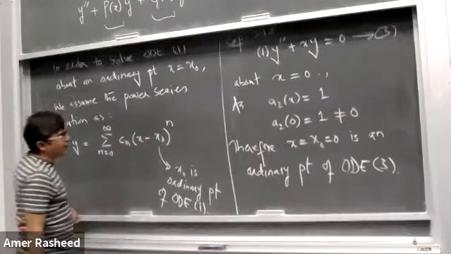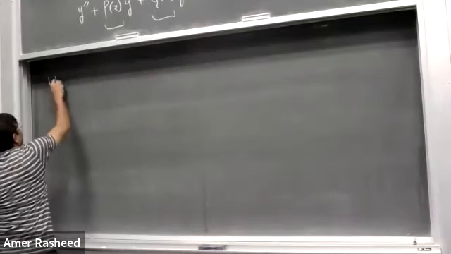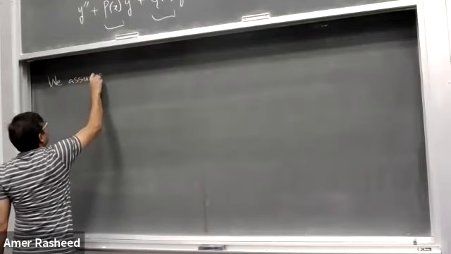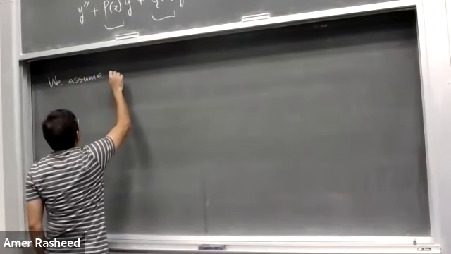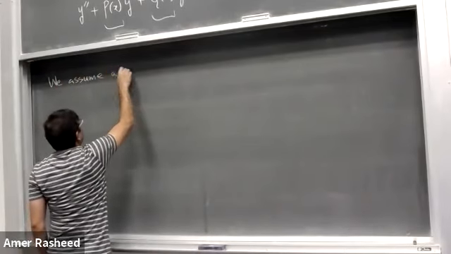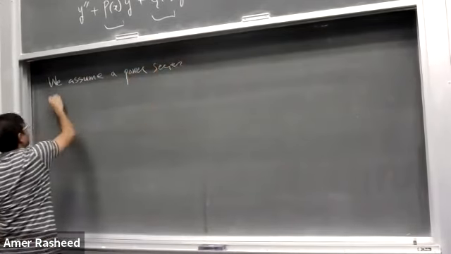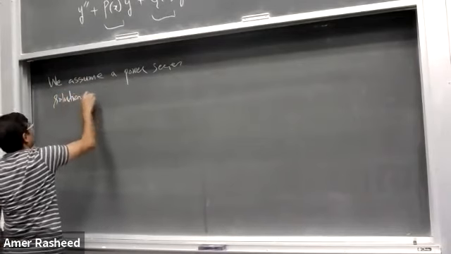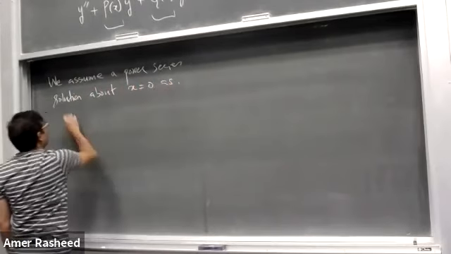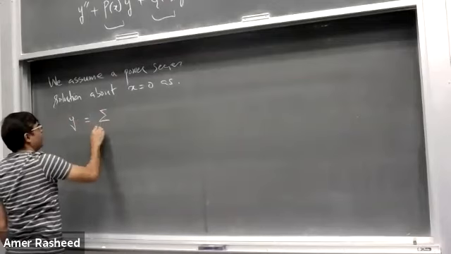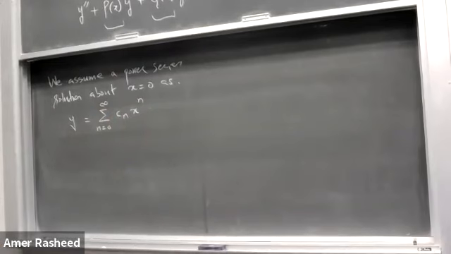We assume the power series solution about x equal to 0 as y equal to summation n from 0 to infinity Cn x power n, because x naught is 0.